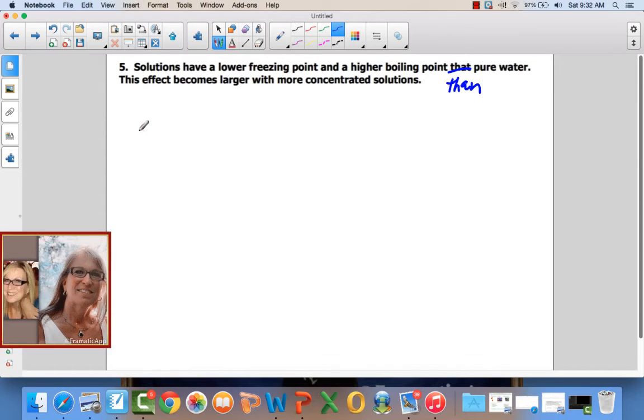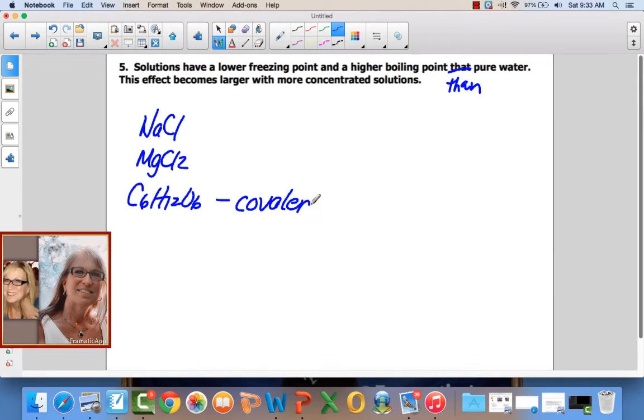So what that means is, if I have NaCl, MgCl2, C6H12O6, remember I have to look at the number of pieces. Anything that is covalent does not separate in water, it simply dissolves. So this counts as one piece or one unit.